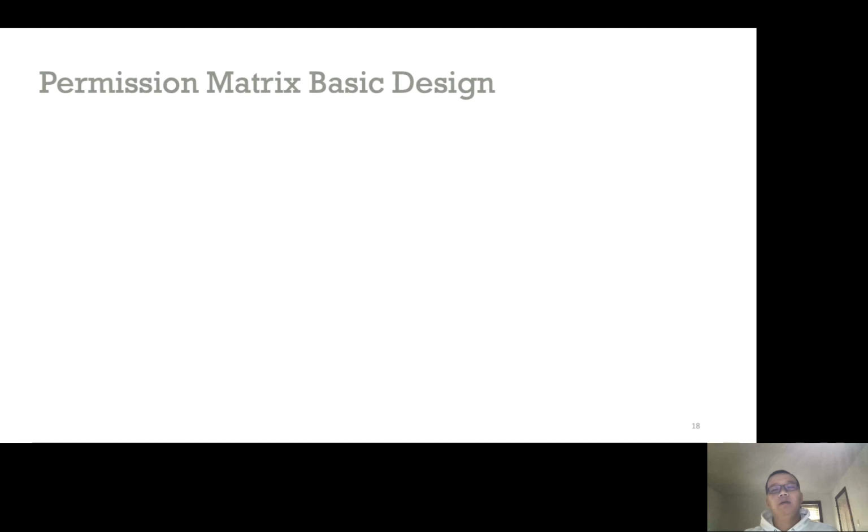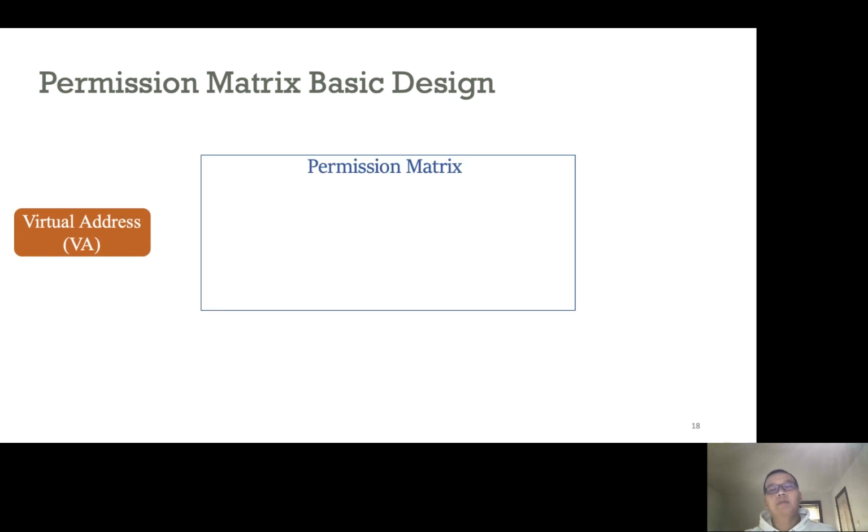The basic design of this idea is the following. For an attached PMO, the entries of this PMO in the permission matrix will have a virtual address start and a virtual address range to represent the virtual address range of this PMO, and also the permission of this PMO.